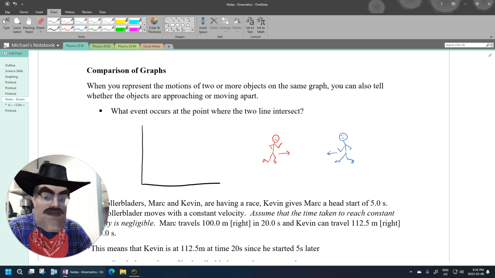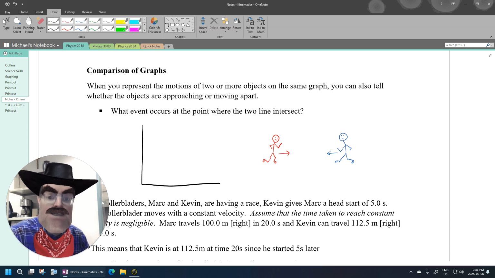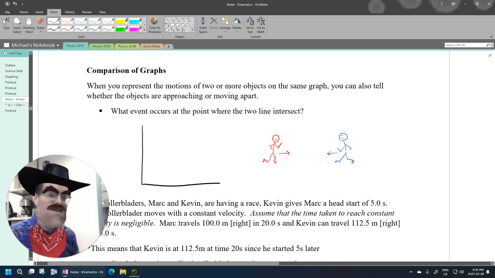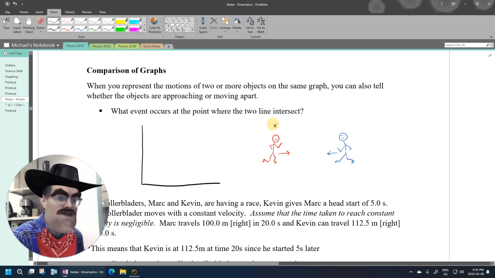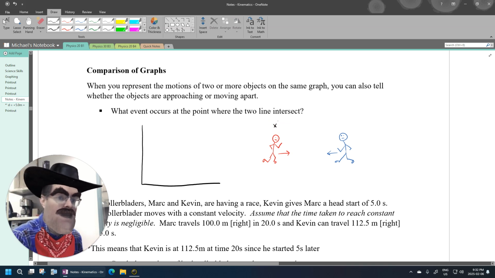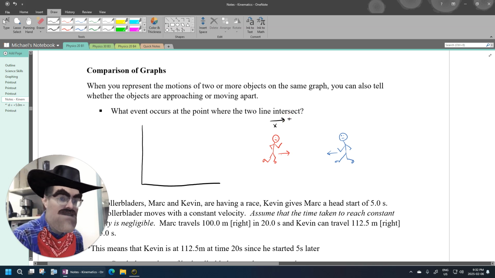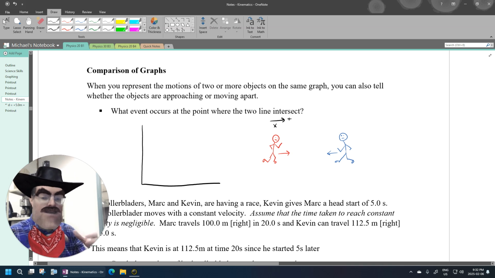But what does this look like on a position time graph? Well, it really depends on where our origin is, where we decide to be positive. Let's say our origin just happens to be where the red character is, and we're going to say that everything in the red direction is positive. So all my distances are going to be measured from where the red guy starts.